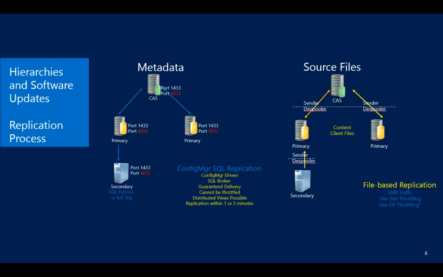So in terms of the specific components of building a software update deployment, certainly you have the software updates themselves, the software update groups, but then you have the content, right? All of that information is going to fall into one of two categories. It's either going to be metadata or it's going to be source files. Well, you can probably figure out which is which, right? Software updates, software update groups, both are metadata.